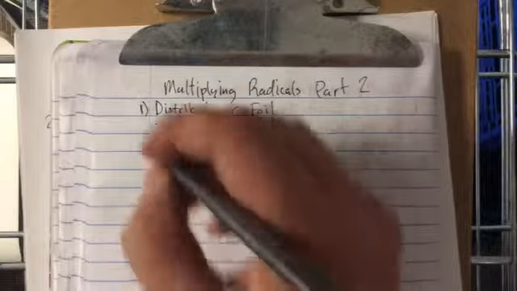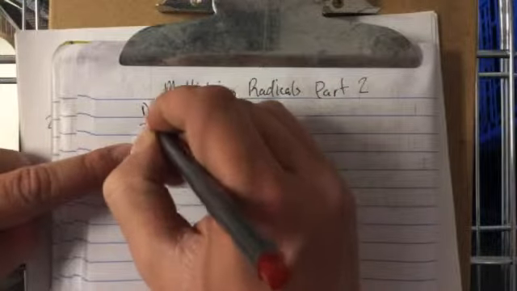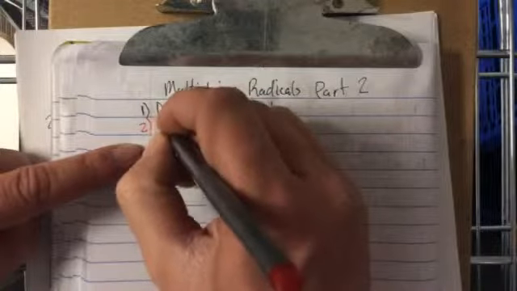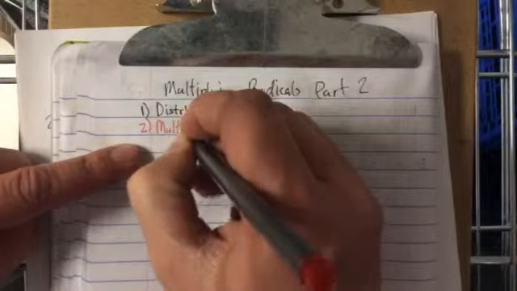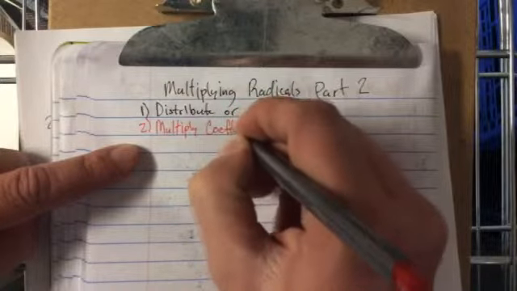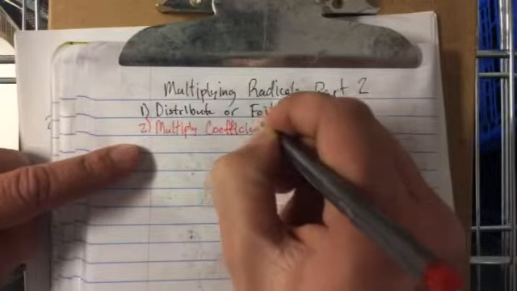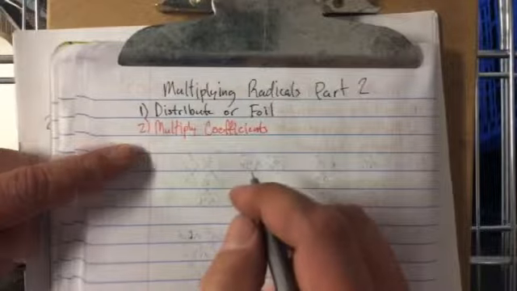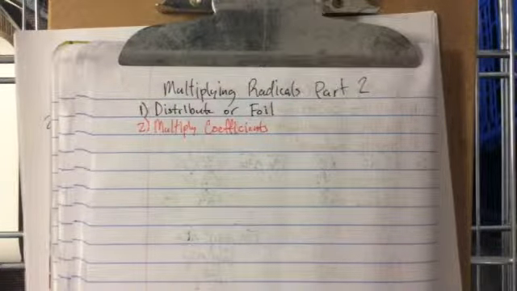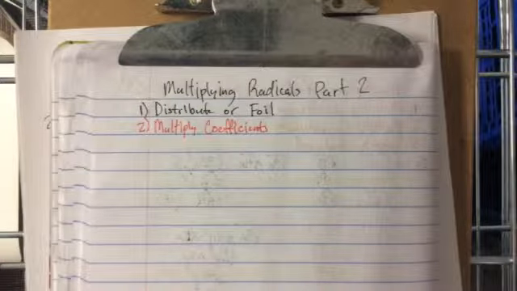So the second step is the first step from yesterday. So we're going to multiply our coefficients.